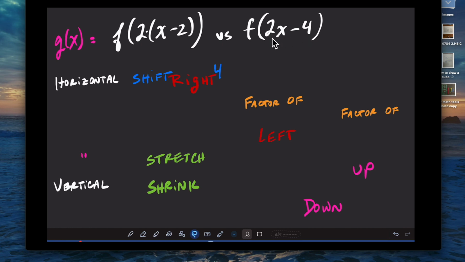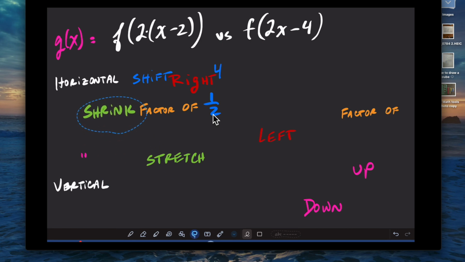Now we're going to address this. This is the inside guy. He's 2. That means the factor of guy is going to be the reciprocal of that. So the factor of guy is going to be 1/2. The fact that that is 1/2 means that this descriptor has to be a shrink.